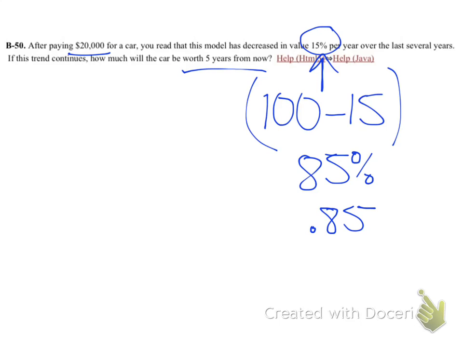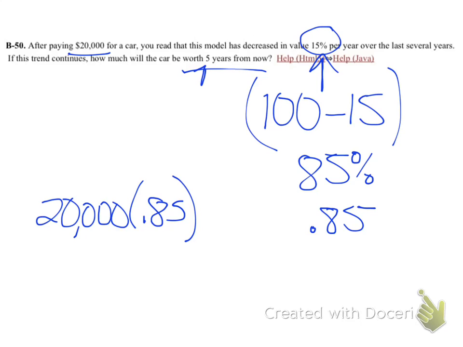If we're starting off with the initial value of $20,000, our multiplier is 0.85. And again, we want to figure it out for 5 years, so our multiplier is to the fifth. After 5 years, that same vehicle is going to be worth about $8,874.11.